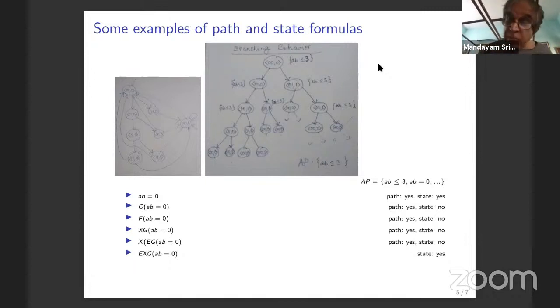Now, if you're only interested in linear time behavior, then they are constraints only on paths. If you restrict CTL star to only the subset of path formulas, then you get LTL. That's why you have both. CTL star is a language meant to describe branching behavior, which also includes linear time behaviors.